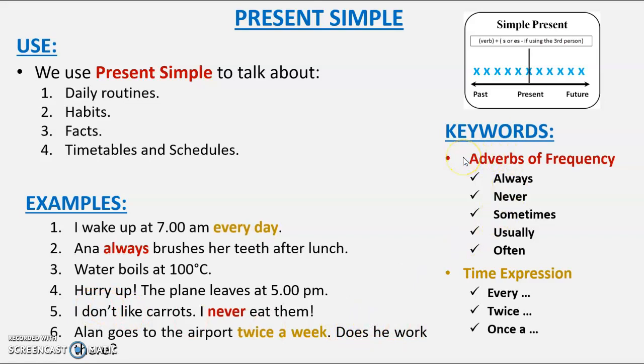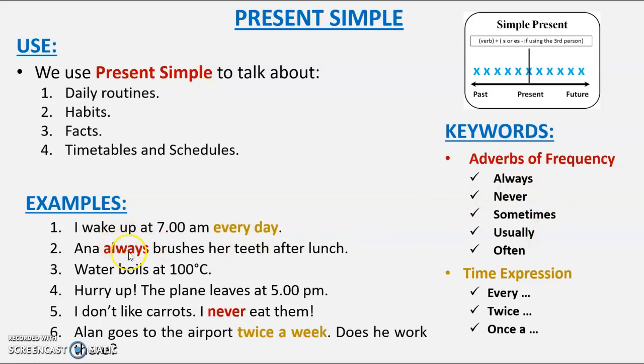We also have, kids, something that is very important: keywords. These keywords will help you identify when you have to use present simple. So when you have adverbs of frequency such as always, never, sometimes, usually, often, you have to use present simple. There are more adverbs of frequency, but these are the most commonly used.